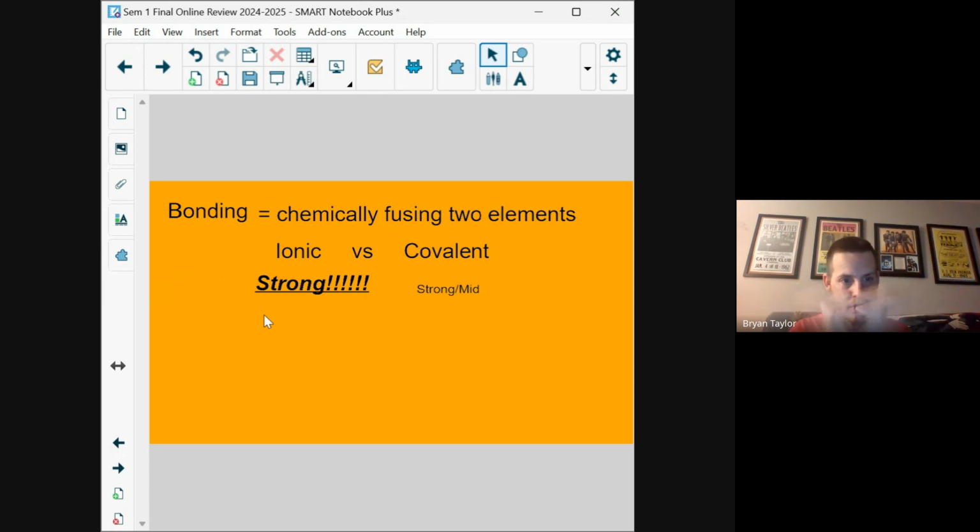Positives, negatives together, which is why it is metal plus non-metal. Where covalent is essentially non-metal plus non-metal.